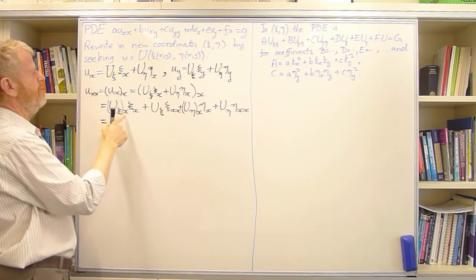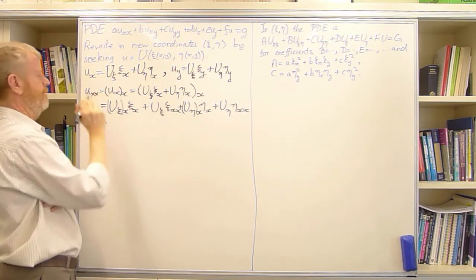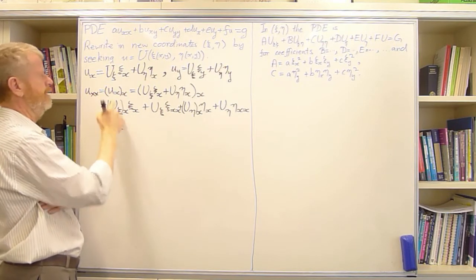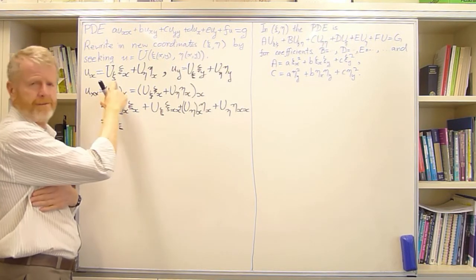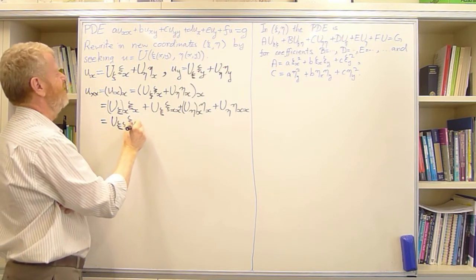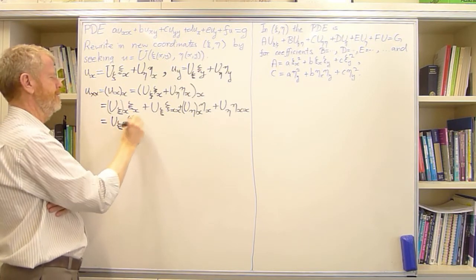Okay, so d by dx applied to u psi makes this u psi psi from here, psi x from there, and then multiplied by this psi x, so psi x squared.